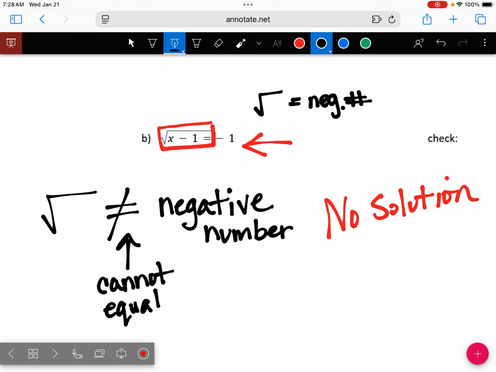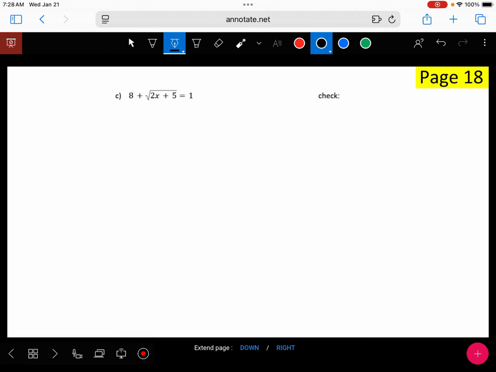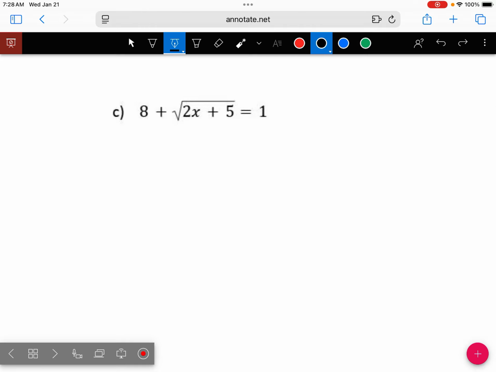All right. And then C. So right now it's looking pretty good, right? But what do we have to do first? Subtract the 8. Let's subtract the 8.